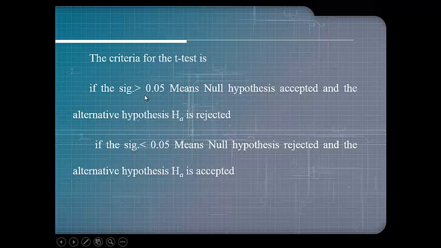If the significance is greater than 0.05, it means the null hypothesis is accepted and the alternative hypothesis is rejected. And also for the other, if the significance is lower than 0.05, it means the null hypothesis is rejected and the alternative hypothesis is accepted.